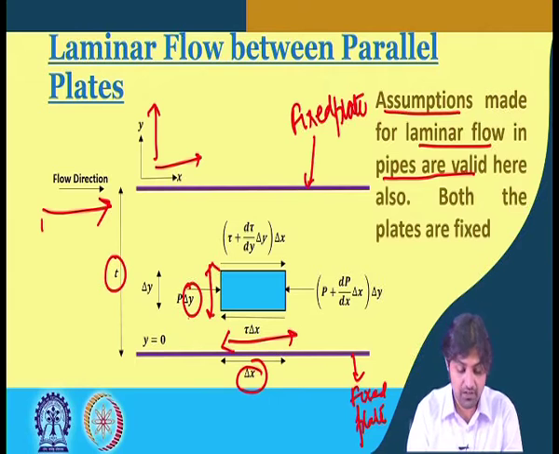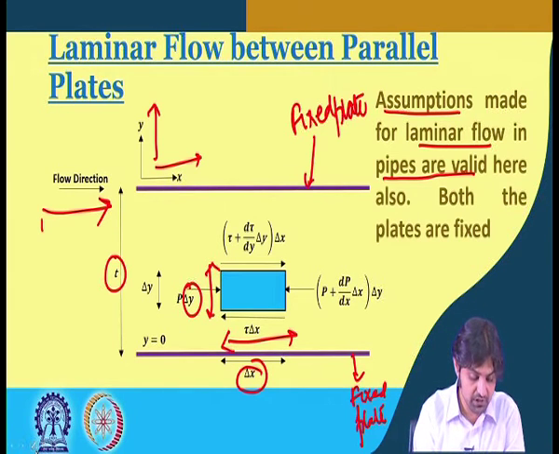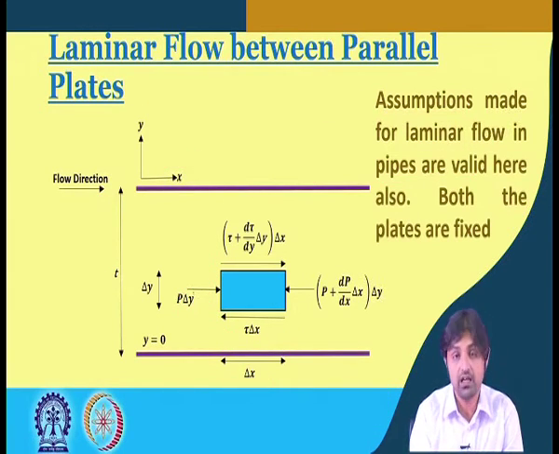We have written all the forces in a similar fashion as we did for the pipe flow. If the pressure is P here, the force per unit meter is P delta y from this side. If there is a pressure gradient dP/dx, over the length delta x the pressure becomes P plus (delta P by delta x) into delta x.